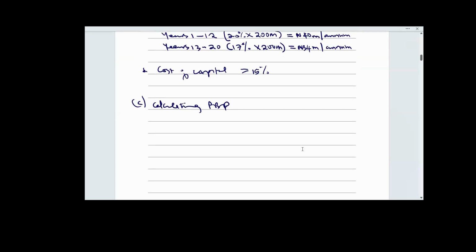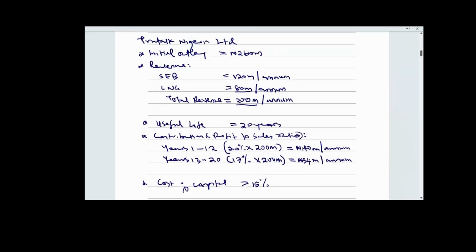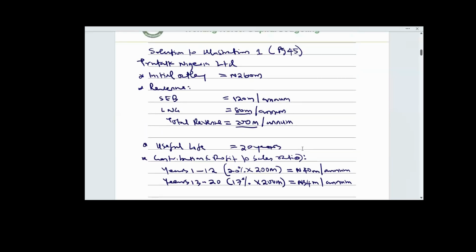So how do you calculate payback period? Like I said, the payback period will be computed depending on the nature of the cash inflow. If you have a constant cash inflow, then payback period will be calculated as cash outflow divided by constant cash inflow.